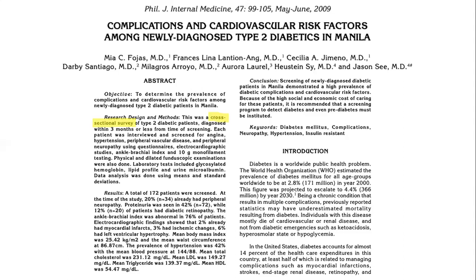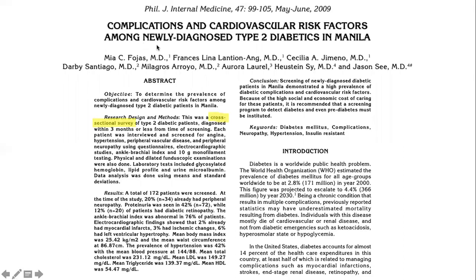Dr. Mia Fojas just described how many had neuropathy, how many had proteinuria signaling diabetic nephropathy, how many had diabetic retinopathy, how many had hypertension, how many had obesity, how many had presence of left ventricular hypertrophy at that period in time when these patients were here.